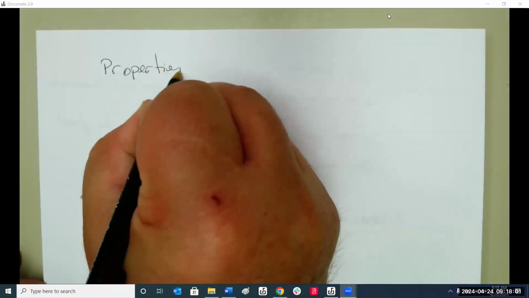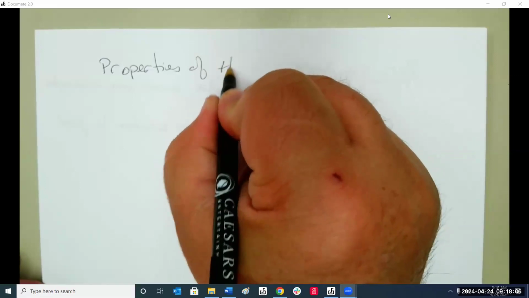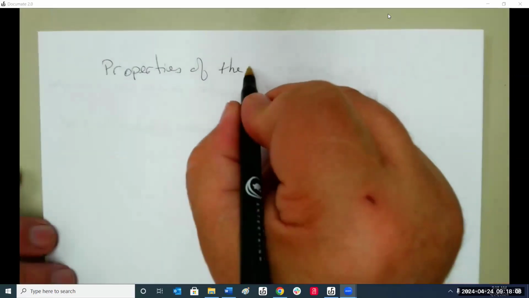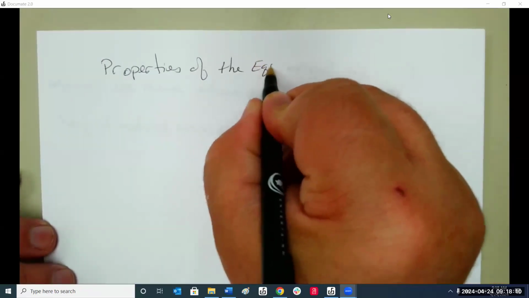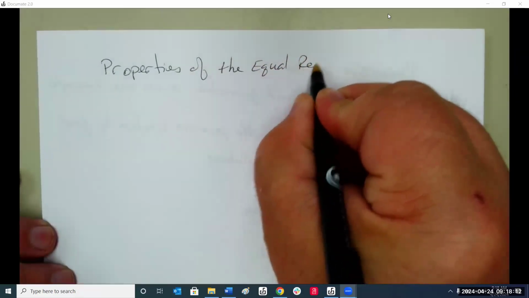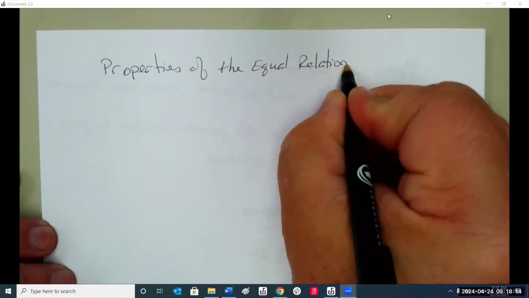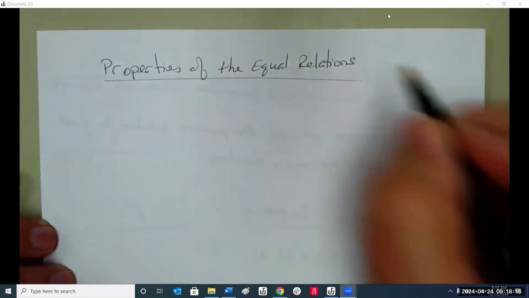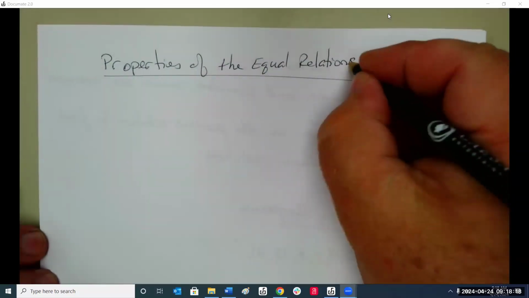Which brings us to what we call the properties of equality of the equal relation. Or equal relation, singular.